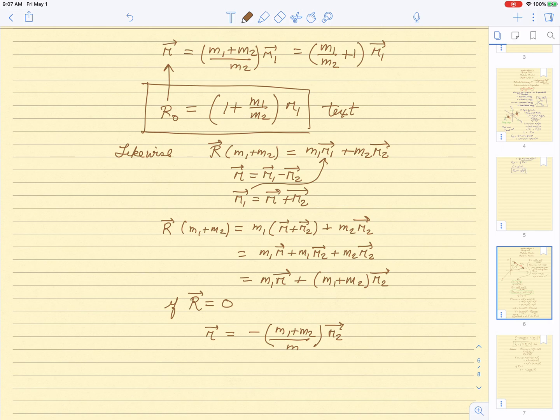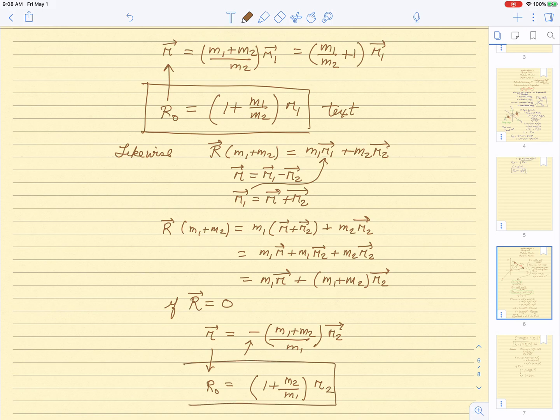Okay, and this negative sign is just, if you look on the diagram, in the negative direction to M2. And so in magnitude then, R naught is going to be 1 plus M2 over M1 times R2.